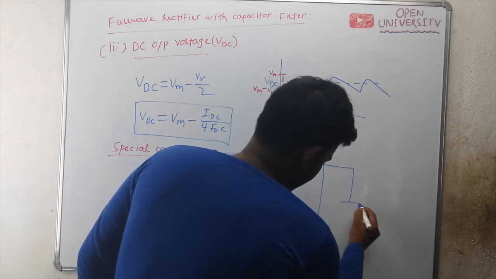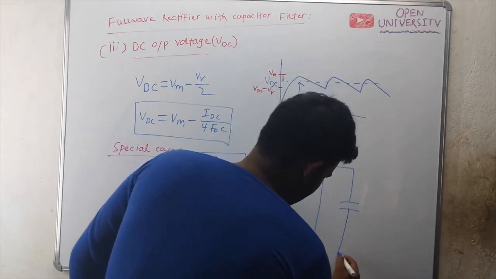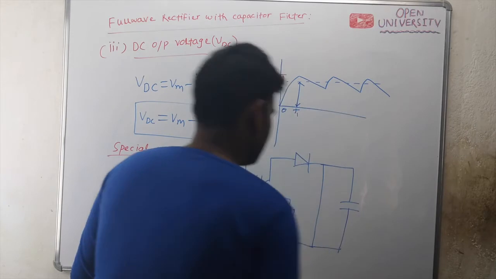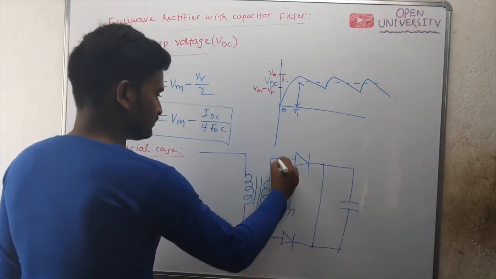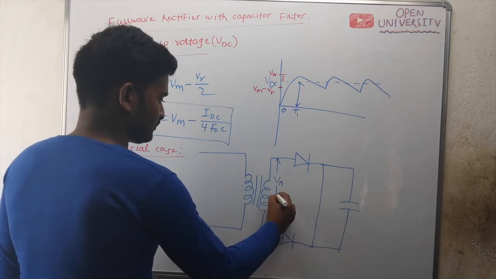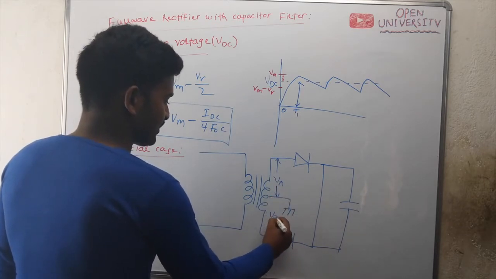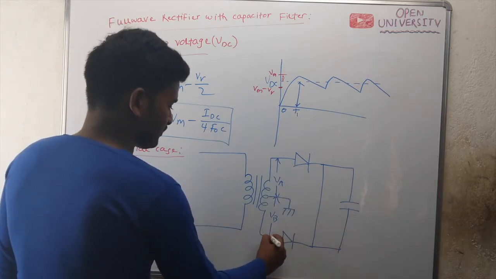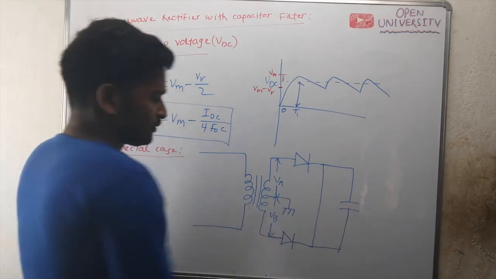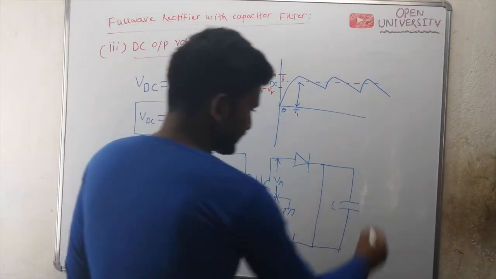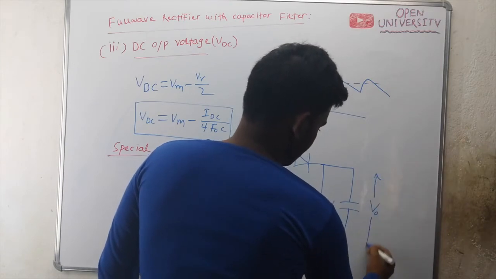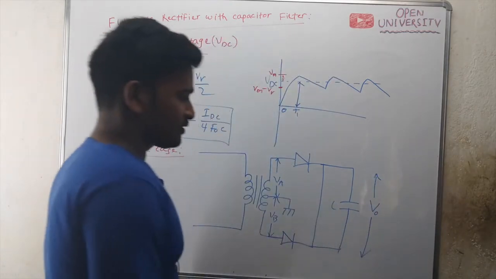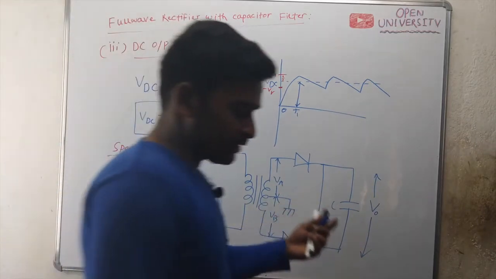Only the capacitor I am connecting. RL is removed. This is your VA, and this is your VB, and this is your output voltage V0. Let's discuss what happens if I remove RL.